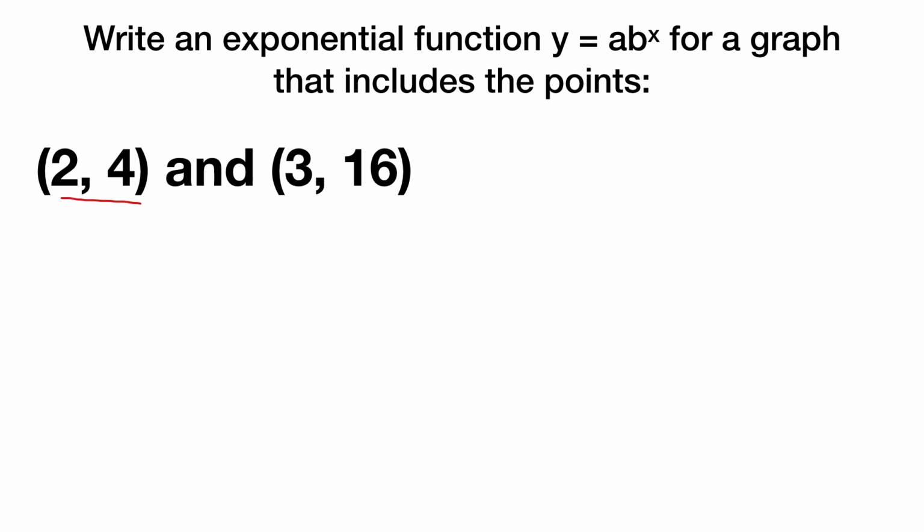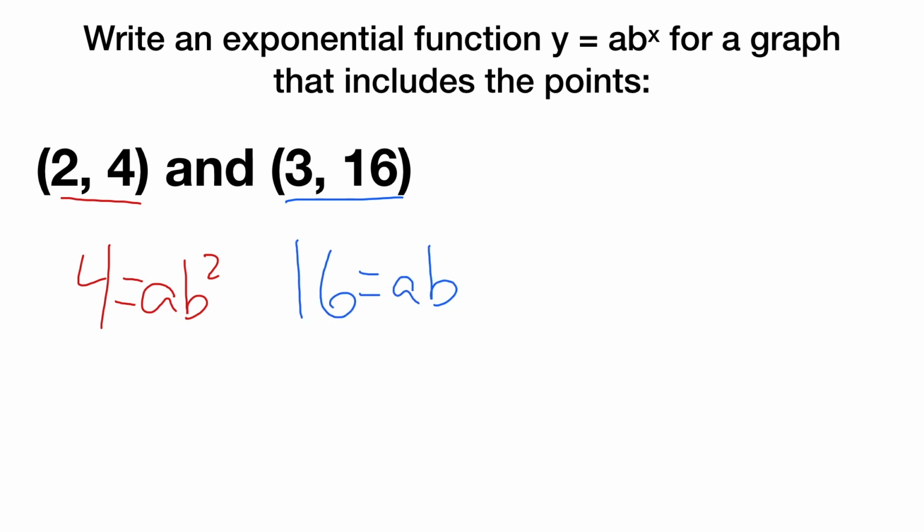So, 4 equals a times b squared, and 16 equals a b cubed. Now, the reason why this matters is I could rewrite 16 equals ab cubed to be 16 equals ab squared times b, because b cubed is b squared times b.